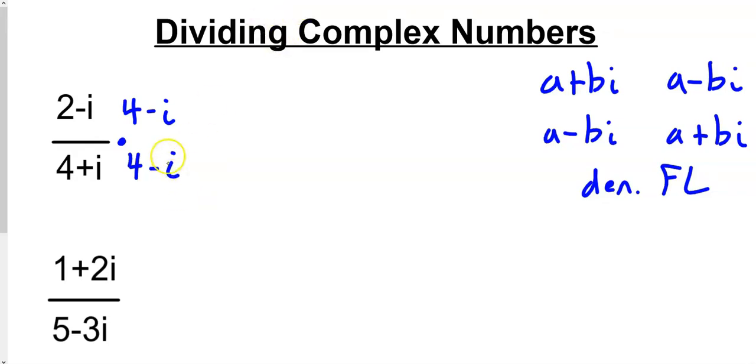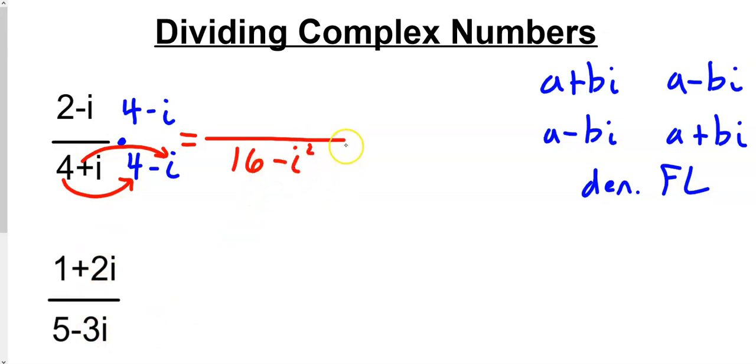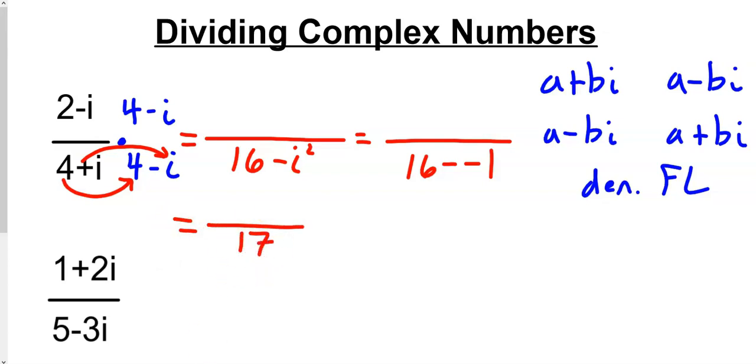So, in this guy, if I do my Florida method, 4 times 4 is 16. And a positive i times a negative i is a negative i squared. But we know that that really becomes 16 minus a -1, which equals 17. So that's our denominator.